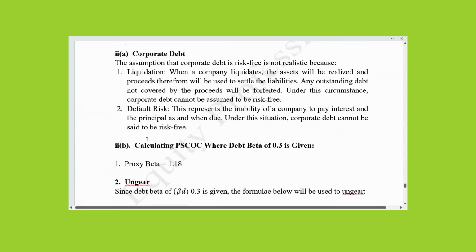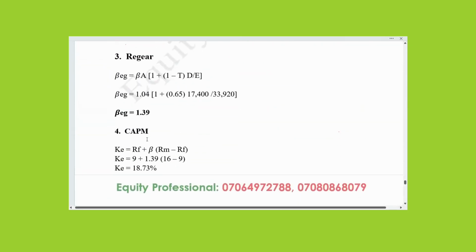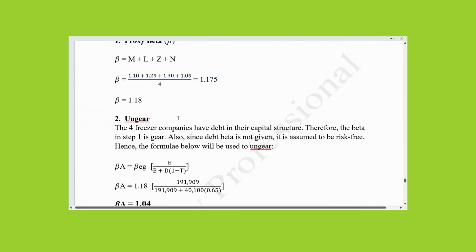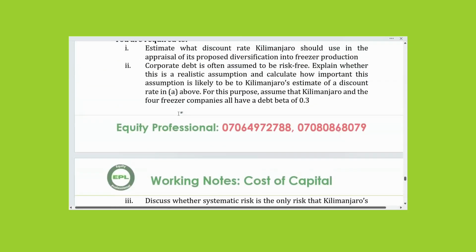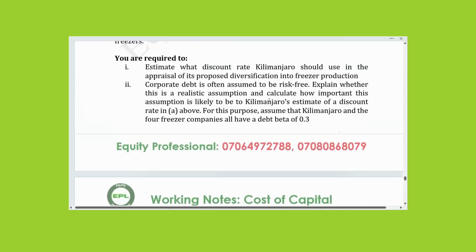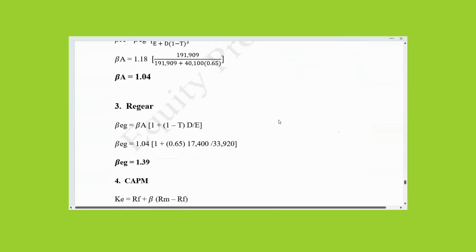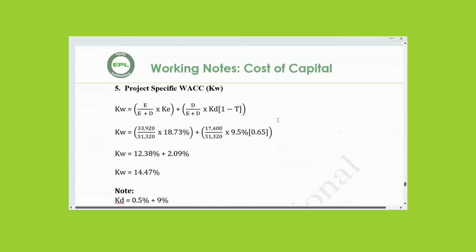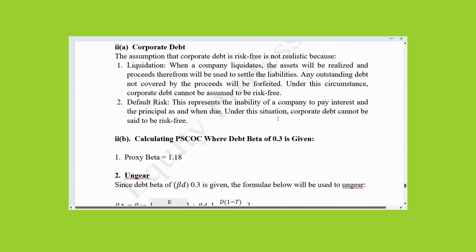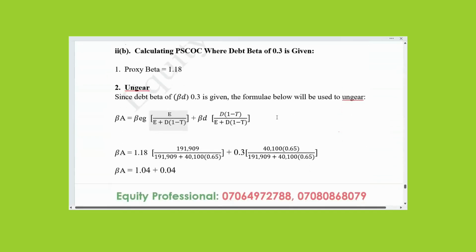The examiner told you to assume that both the freezer company and Kilimanjaro have the same debt beta of 0.3. That is why we are using the debt beta formula to regear.